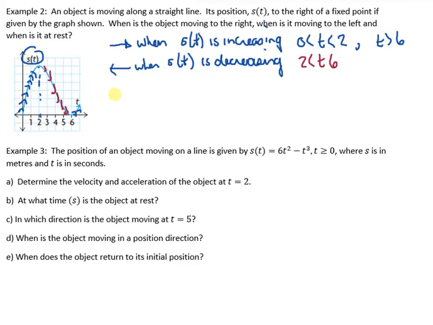And we know that it's stationary when s at t is not moving. In other words, the velocity is 0.